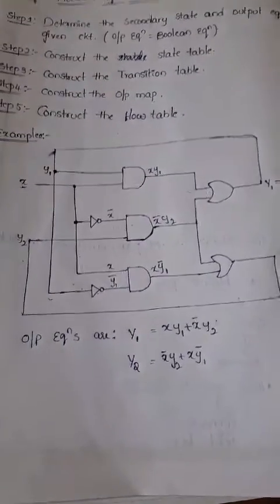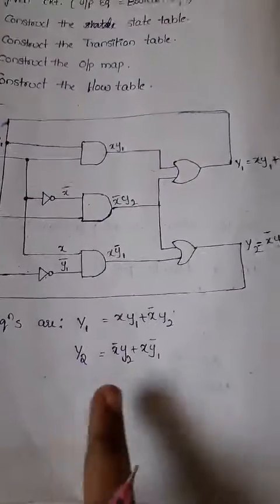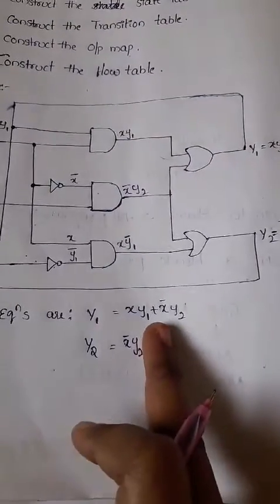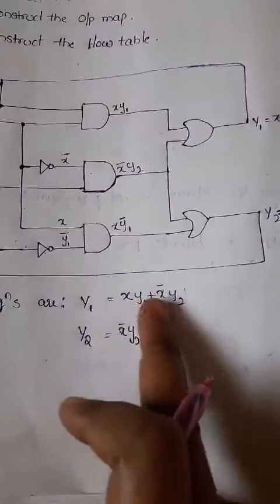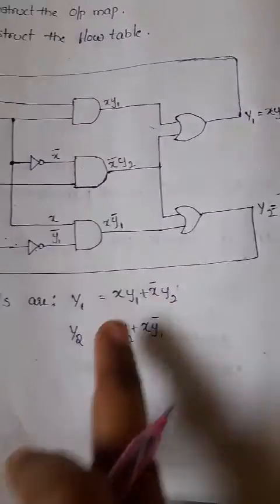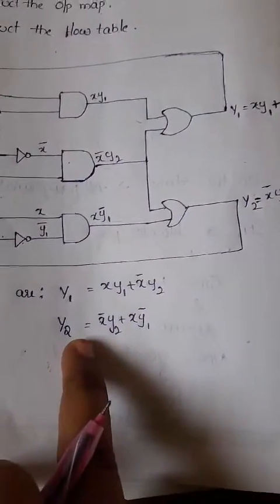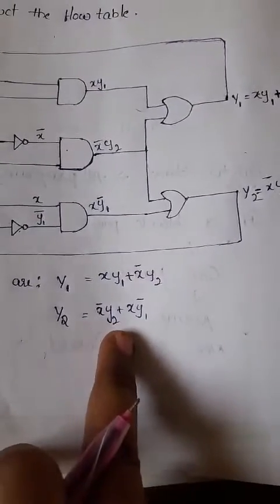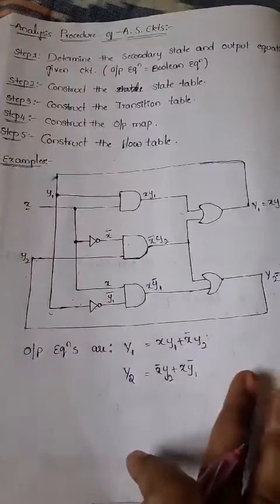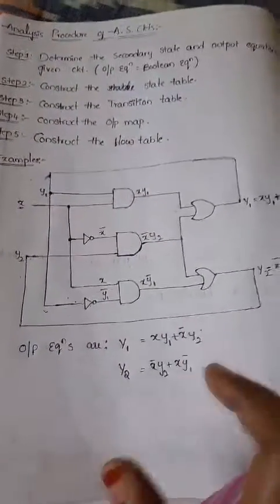Step 1 is completed. We are getting the equations: Y1 equals x y1 plus x complement y2, and Y2 equals x complement y2 plus x y1 complement.